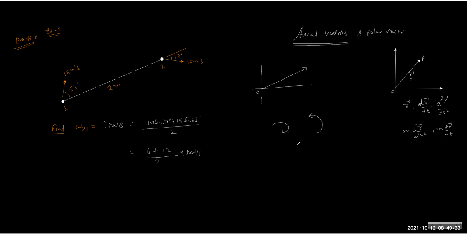So the idea is this. Omega is the axial vector, and it is something which we define as per the requirement. The way we define it for plane motion is pretty easy. You need to understand the rotation of line of sight. In different contexts you need to derive it differently, but essentially it is the same.